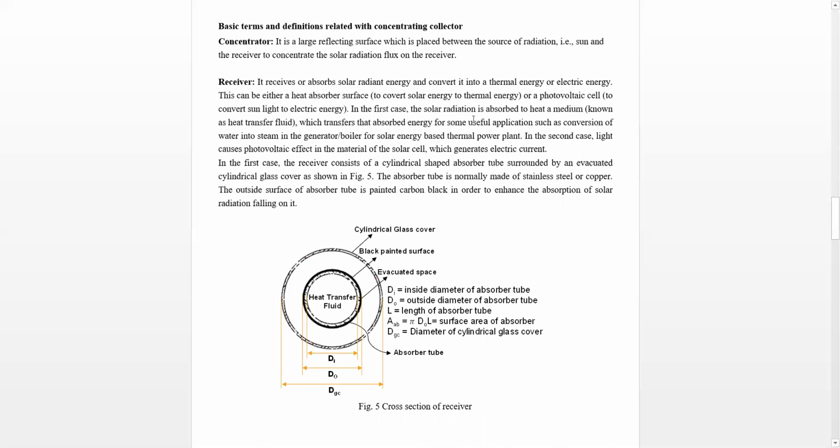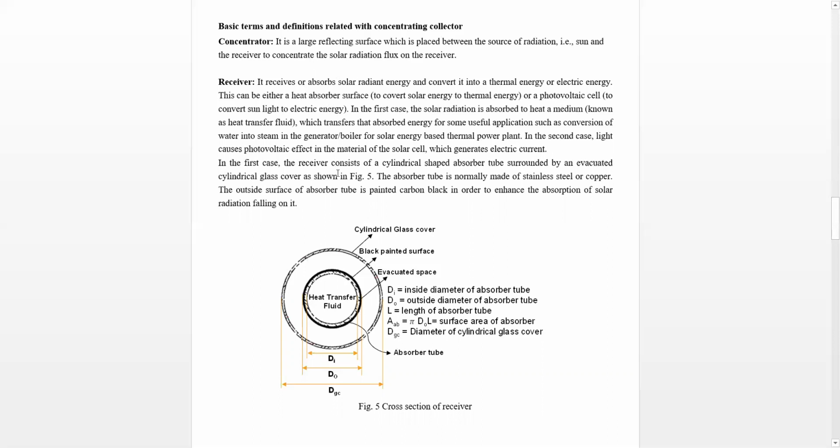In the first case, the solar radiation is absorbed to heat a medium known as a heat transfer fluid, which transfers that absorbed energy for applications such as conversion of water into steam in the generator or the boiler for the solar energy based thermal power plant. In the second case, light causes the photovoltaic effect in the material of the solar cell, which generates electricity. Because this is a heat transfer based course, we are interested only in the first case.